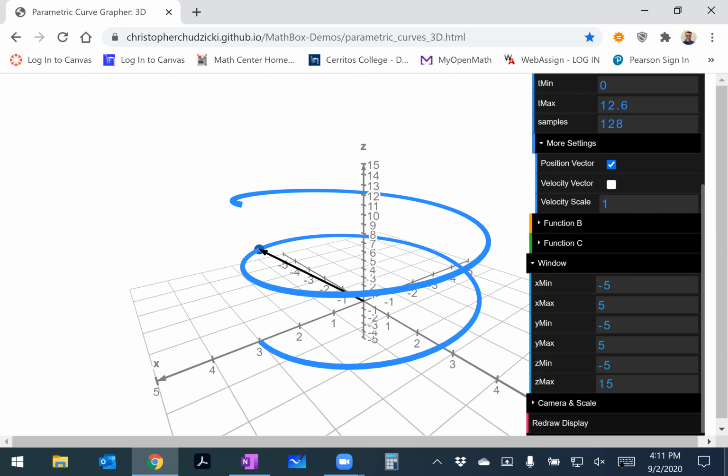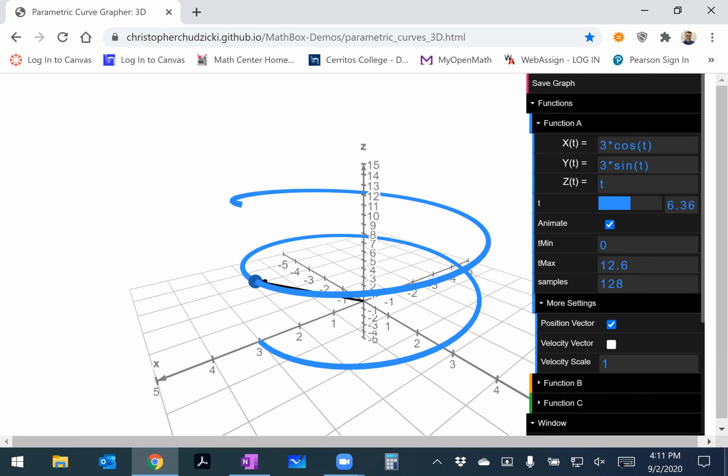Notice the x values are 3 cosine t, the y values are 3 sine t, and z is just t. You can see this vector is r of t, tracing this out. That's r of t. It always tells me where the x position is, where the y position is, and where the z position is.